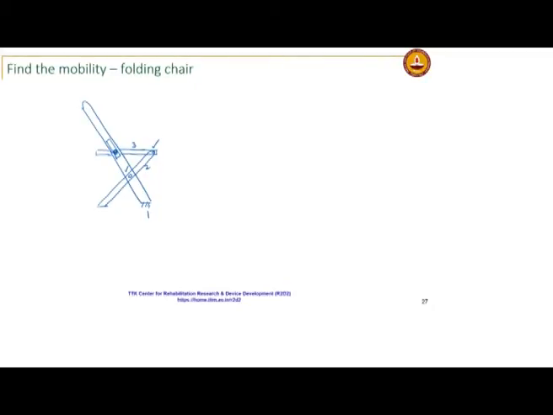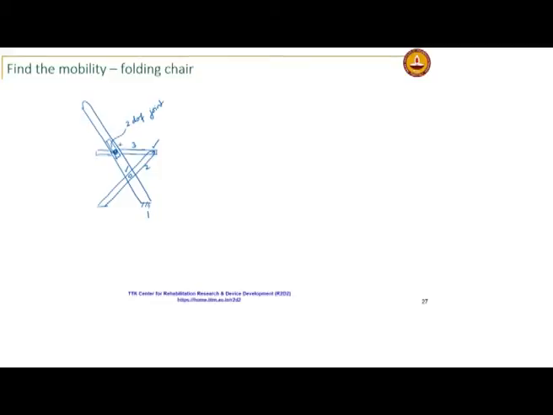and this would be what kind of a joint? 1 degree of freedom or 2 degrees of freedom? It is a 2 degree of freedom. It is that pin in a slot. It can both slide, it can rotate as well as slide. It can be replaced, you can add another link to make it all lower pairs, but the way it stands, this is a 2 degree of freedom joint.